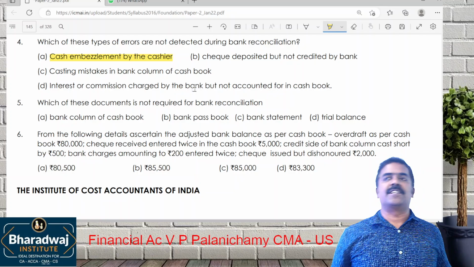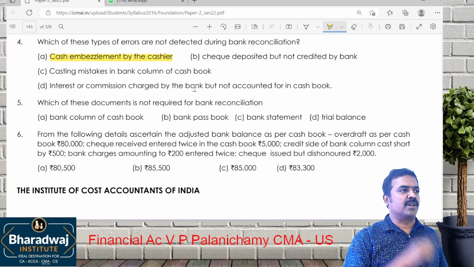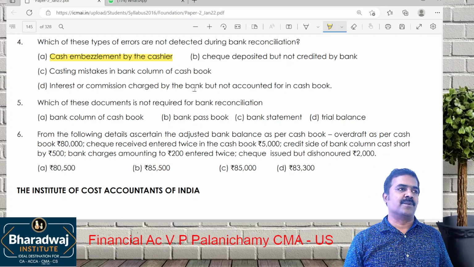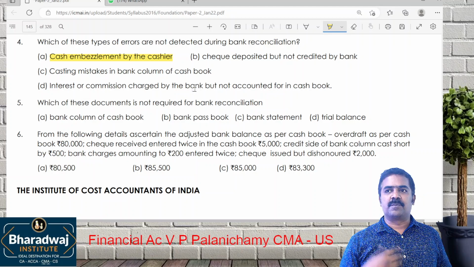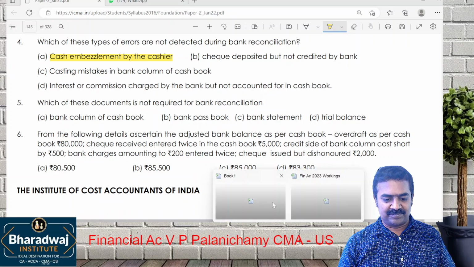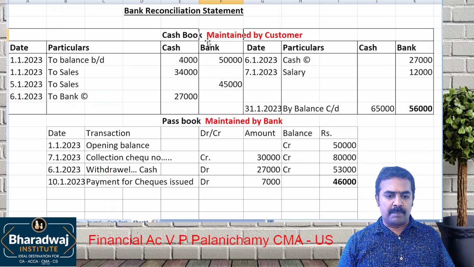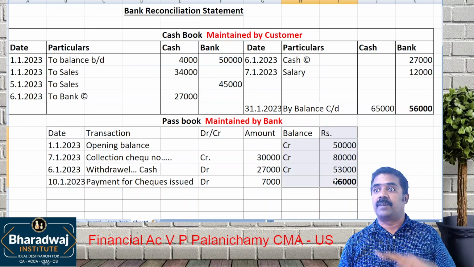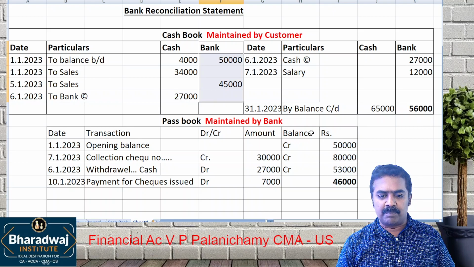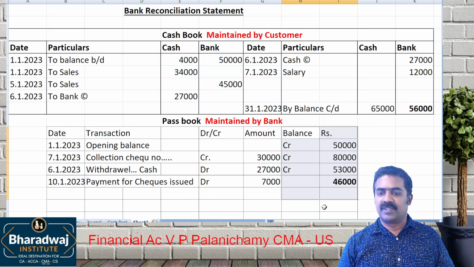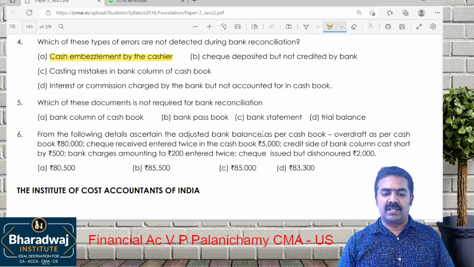How is BRS prepared? By comparing bank column of the cash book with passbook. Are we going to compare cash column with passbook or bank column with passbook? Bank column with passbook. Are we considering the cash column?